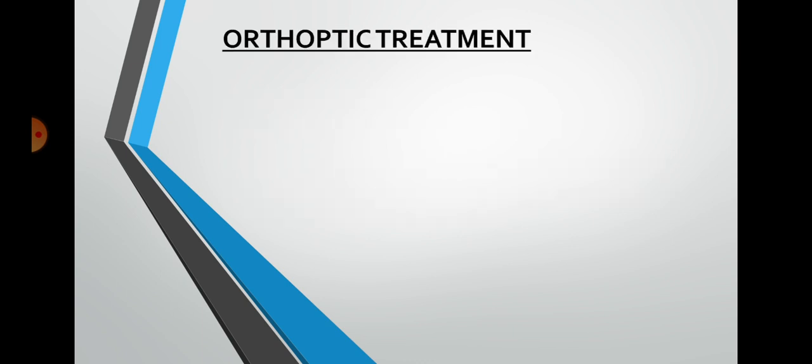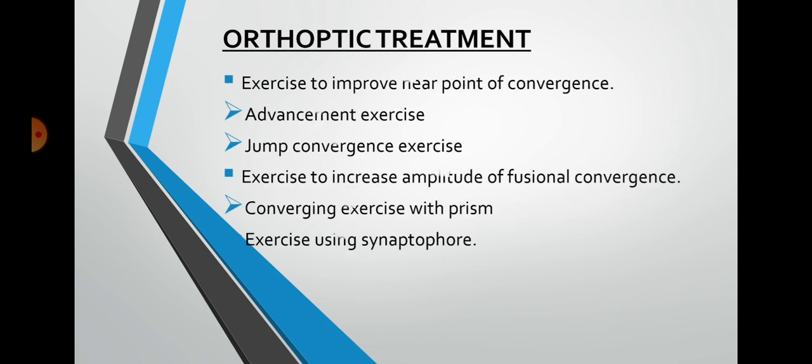Orthoptic treatment includes some exercises, that is advancement exercise and jump convergence exercise. In the advancement exercise, we place an object in front of the patient's eye at a normal working distance or a little bit further, where the patient sees that object single.